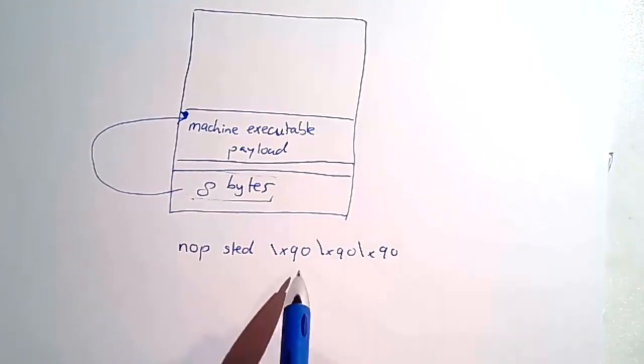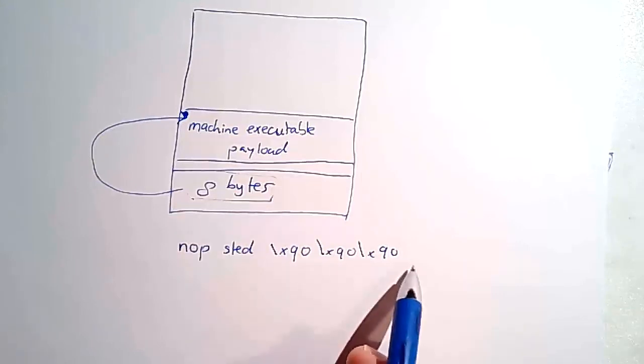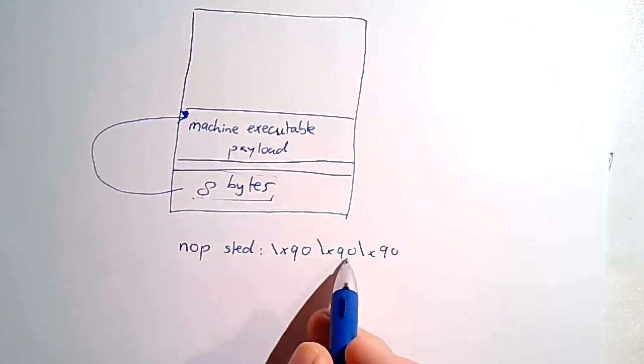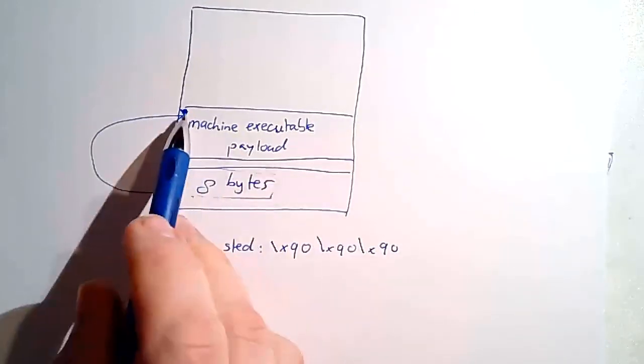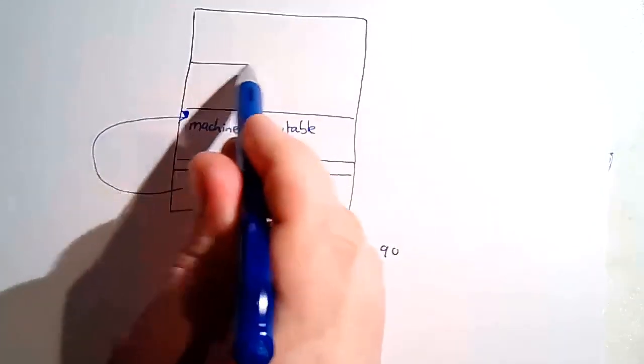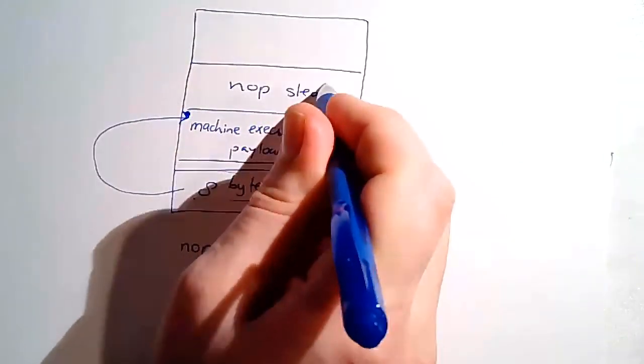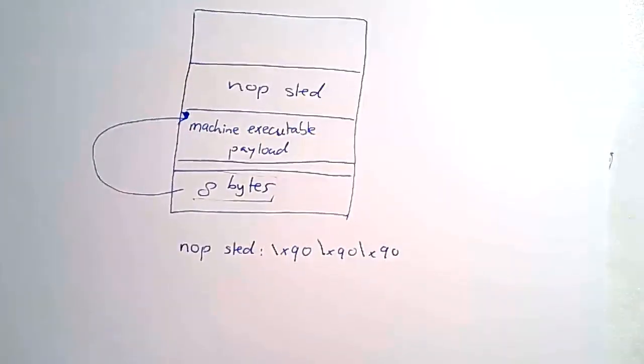It also doesn't matter exactly where on this NOP sled I'm going to land, because it's just going to execute and do nothing again, until it hits my payload. So my NOP sled typically goes in front of my payload.